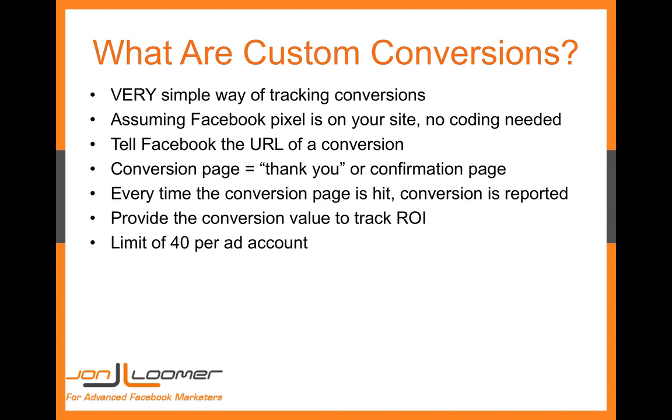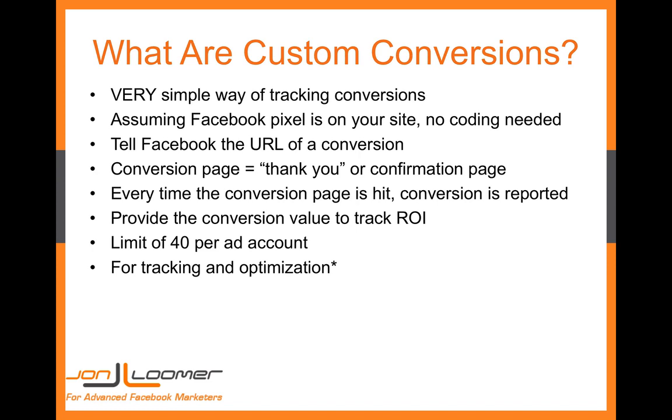The one limitation here, at least for now, with custom conversions, is that you can only have 40 per ad account. Custom conversions can't be used for targeting. That's why we have website custom audiences. They're used for tracking, meaning Facebook will report how many conversions happened as a result of your ad.